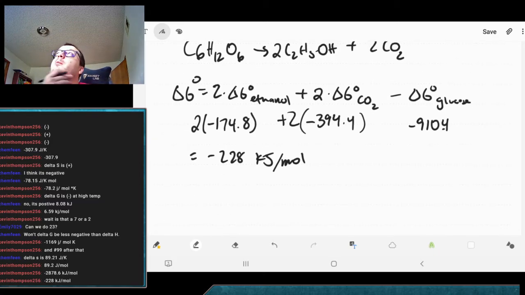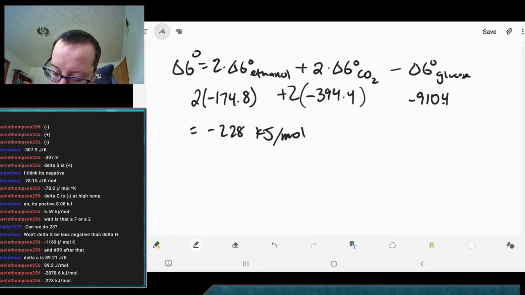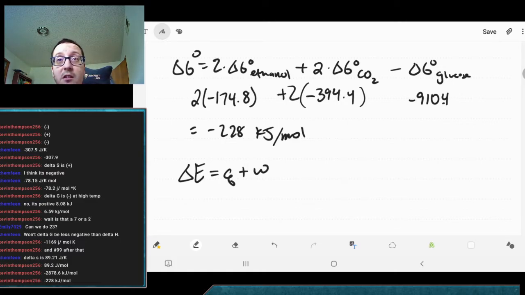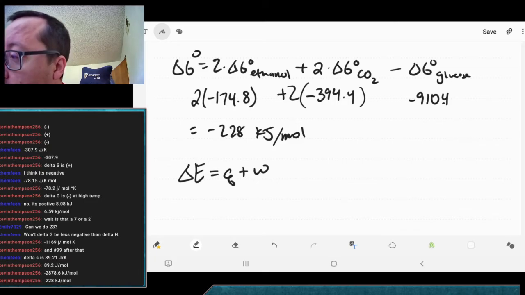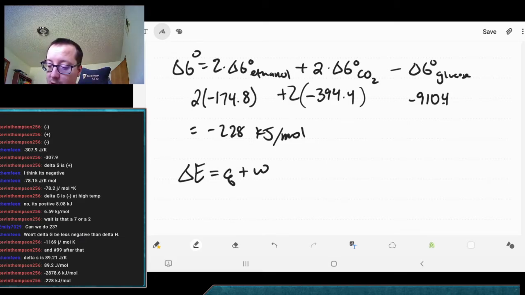From way back last semester, the change in energy associated with a process is always the heat, any heat change that happens, as well as any work performed by the system. So if we want to calculate the work, we're essentially looking at the energy change here. Remember, we can equate Q to delta H.